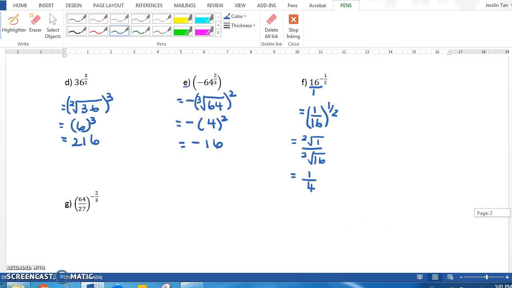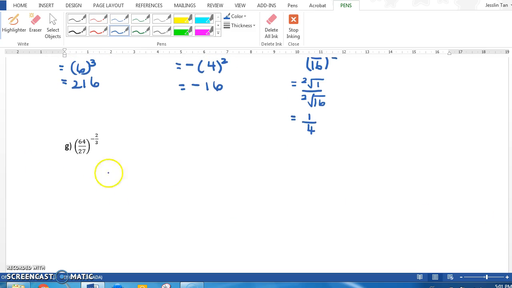All right, so now our last example is a negative exponent with a number other than 1 in the numerator. We're going to apply everything that we've done so far, and the first thing I'm going to do is get rid of that negative exponent. So I'm going to flip my fraction, so I end up with 27 over 64 to the exponent of 2/3. And then I'm going to apply my roots and my squared.